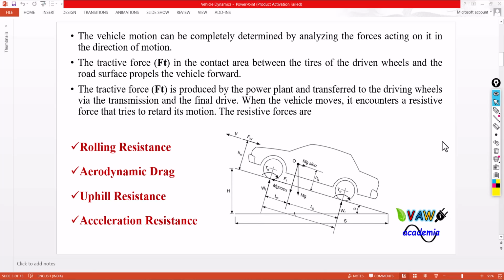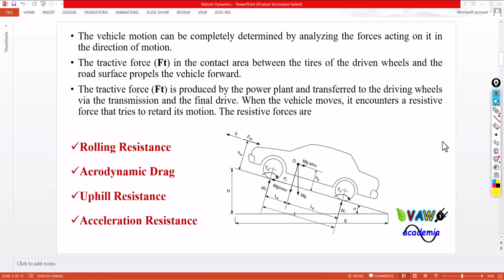Here the word resistance is a common word. In electrical terminology, resistance is an element used to stop the motion of current, the motion of electrons. But if you use the same word in mechanical terminology, it's an opposing force which is used to stop the motion of any object.